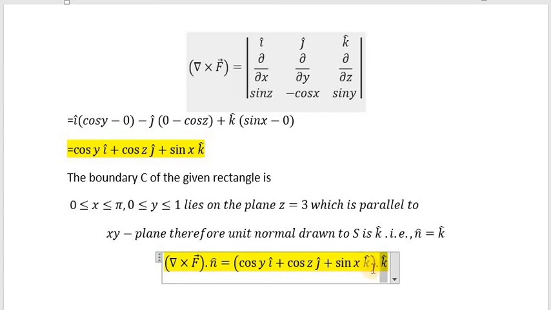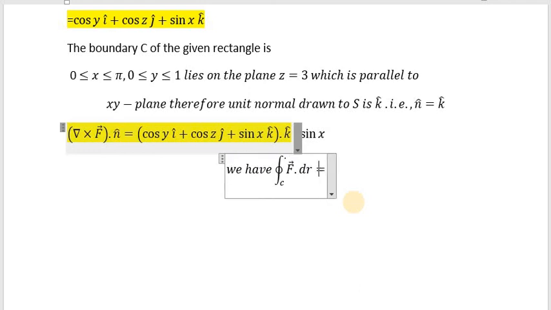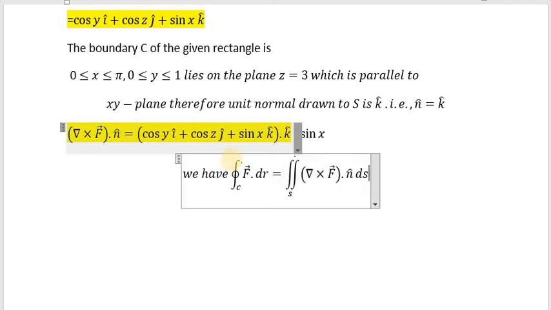Now, the line integral of f dot dr equals the double integral over S of del cross f dot n ds by Stokes' theorem. Let us take the RHS and simplify it to find the line integral.